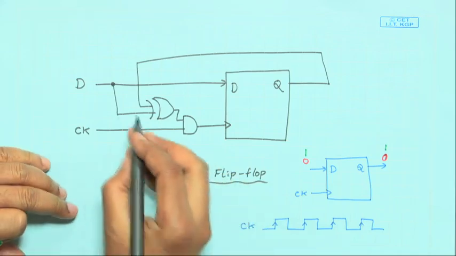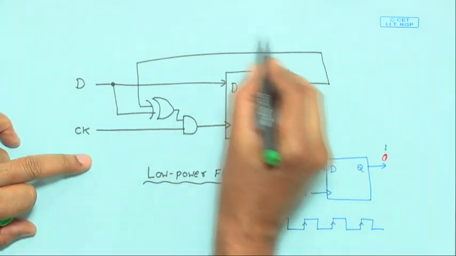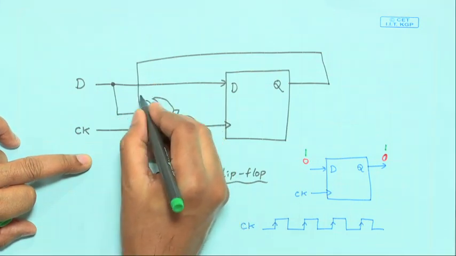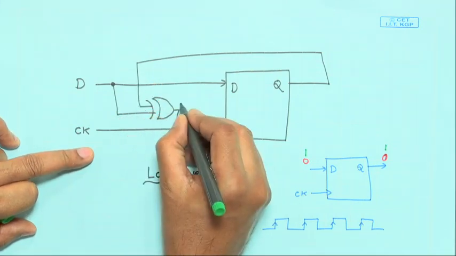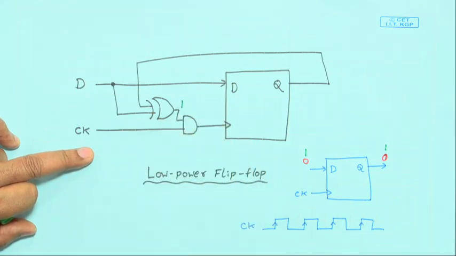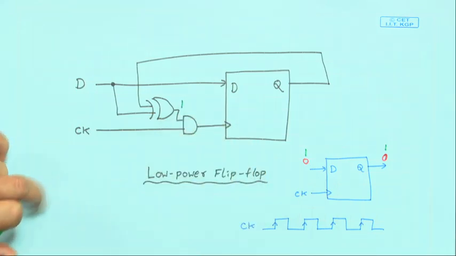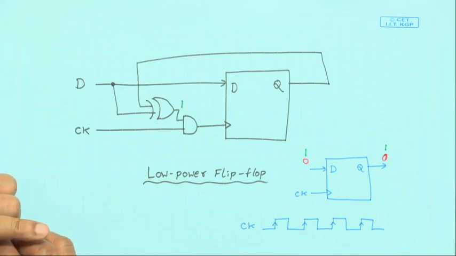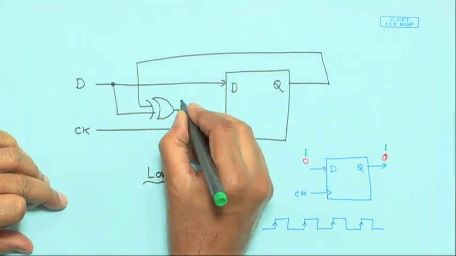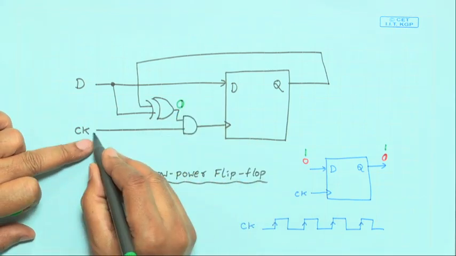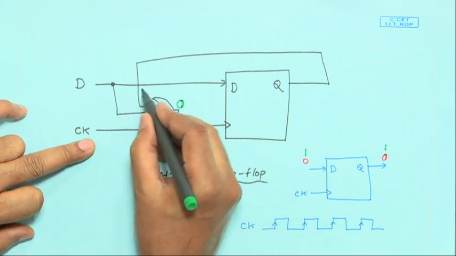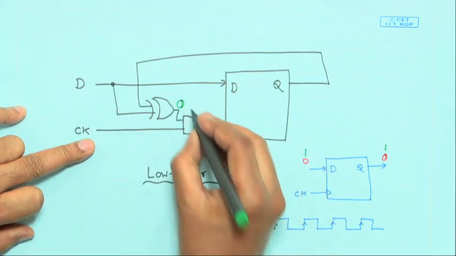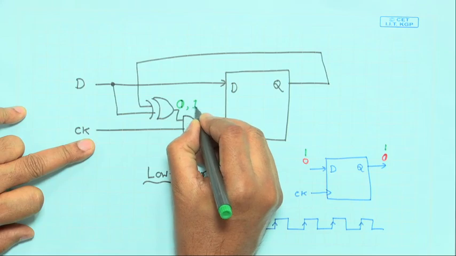So, what we have done here is feed D and this Q to an XOR gate. Whenever they are 0 0 or 1 1, the output will be 0 and the clock will be disabled. But when they are different, 0 1 or 1 0, then you need to store it, so the output will be 1.